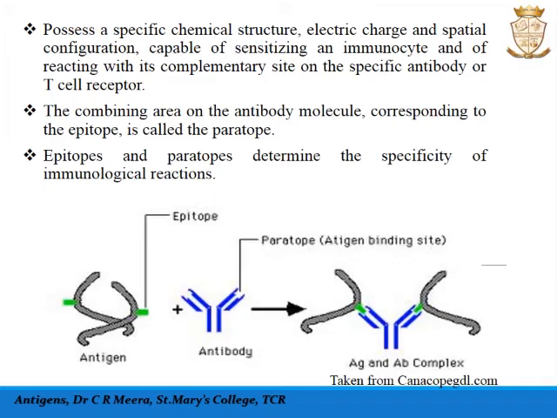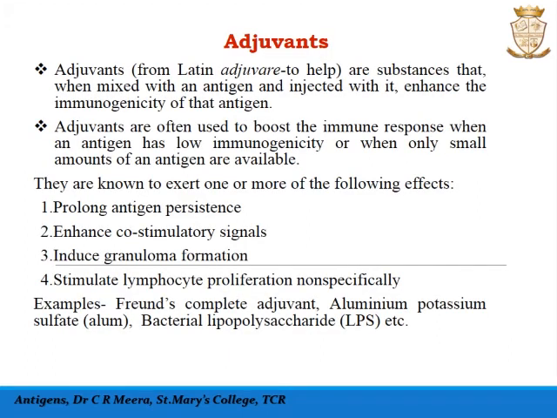Coming to adjuvants. The term adjuvant is derived from a Latin word adjuvare, which means to help. So the main function of an adjuvant is to help the antigen to enhance its immunogenicity. Adjuvants are usually mixed and injected with antigens.